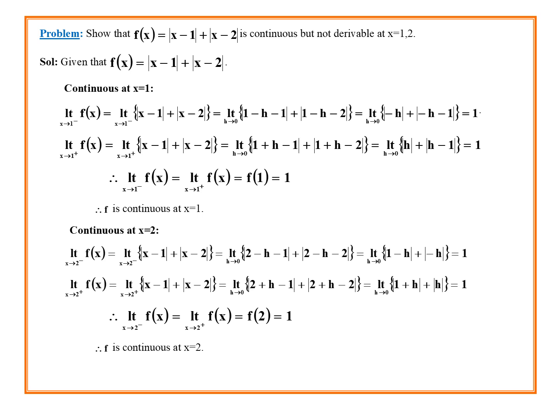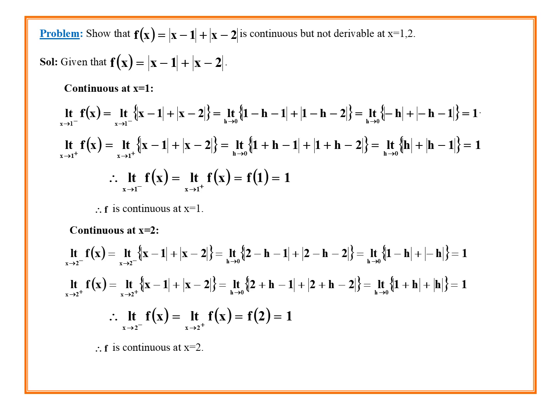Limit x tends to 1 plus f of x equals limit x tends to 1 plus mod x minus 1 plus mod x minus 2. Now we are proving limit h tends to 0, mod 1 plus h minus 1 plus mod 1 plus h minus 2. Limit h tends to 0, modulus h plus modulus h minus 1.